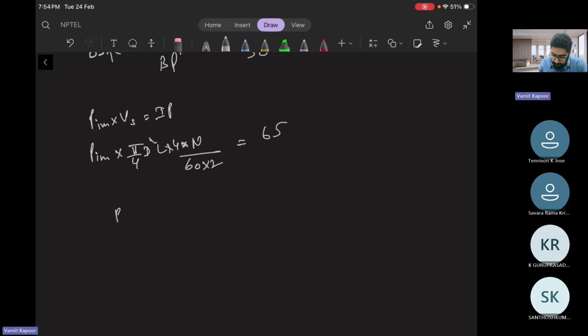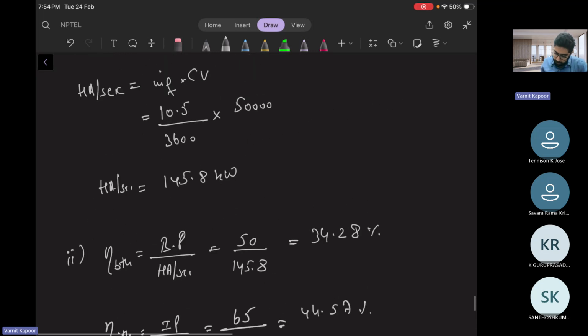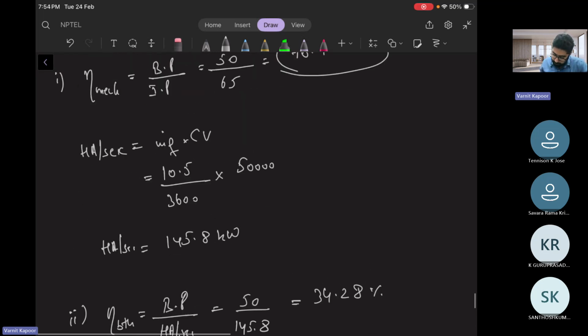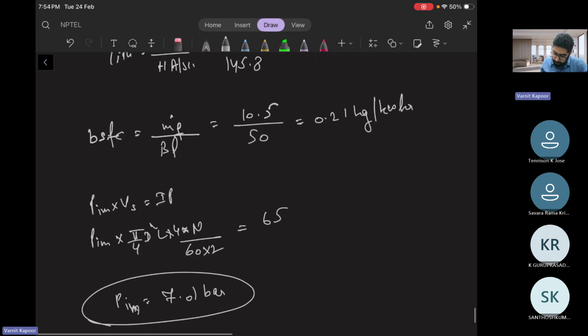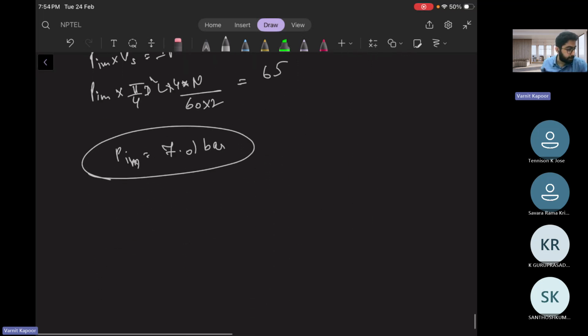Put all the values and you will get the indicated mean effective pressure to be 7.10 bar. This also we got, 76.92, 34.28.